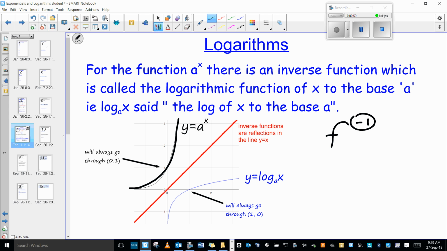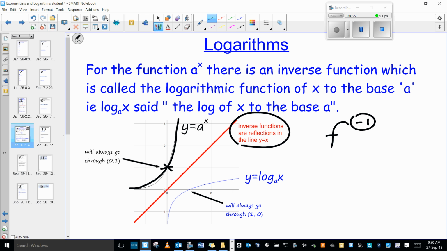Do you remember that's where you switch the x and y values? So we switch x and y values, which is what makes them always reflections in the line y equals x. We know that exponential graphs go through the value (0, 1). Log graphs would therefore go through the value (1, 0), because our x and y values are switched.